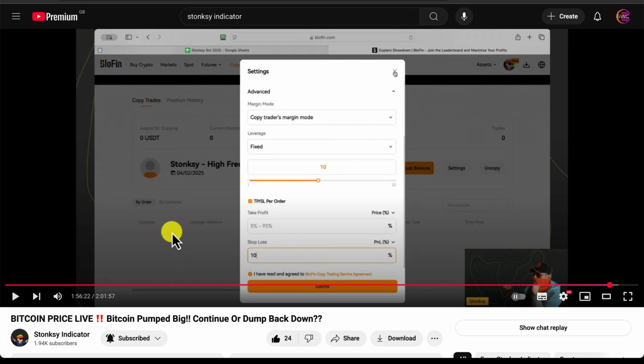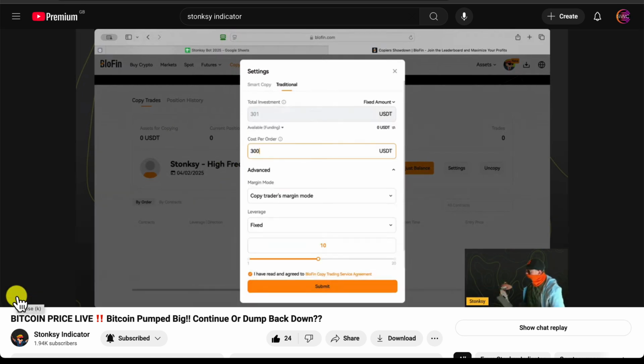So this one here is called Stonksy high frequency, and essentially you just sit back and relax. However, you can change various settings in the bot, and what I was experimenting with yesterday is to find out if we could auto compound without having to go in every few days and fiddle with the settings. And I've been very pleasantly surprised by the results.